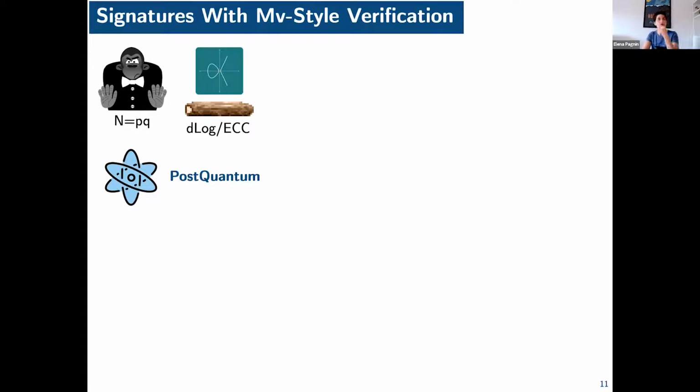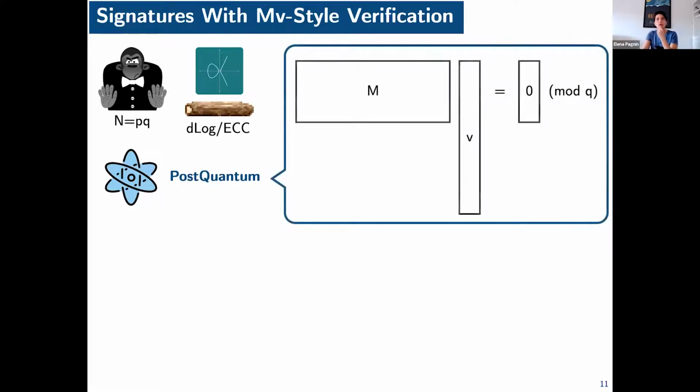In particular, in the post-quantum world, we are interested in digital signatures that have a verification with more or less this structure. There's going to be a matrix that maybe depends on the public key, on the message, or on a combination of these two, and a vector, which might be the signature, the message, or some information like that, equal to 0. We can always put it equal to 0 by putting everything on the left of the equality.